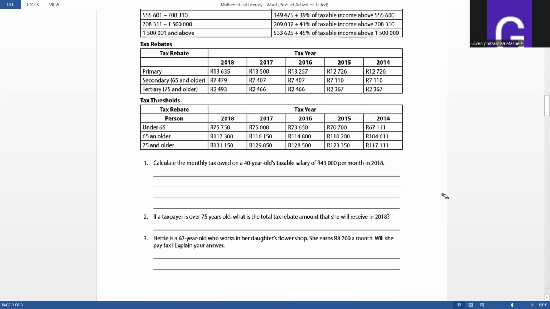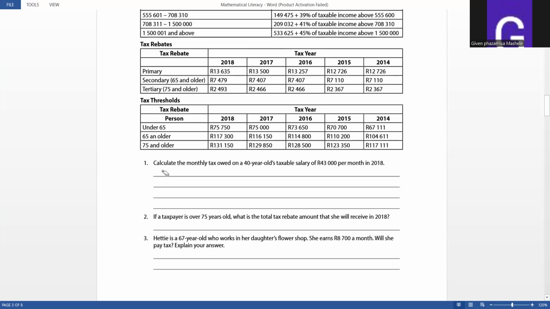We are just given a monthly taxable income, and within it there are no deductions, because they did not say anything about pension, donations, or the UIF. So we assume that there is no non-taxable income.